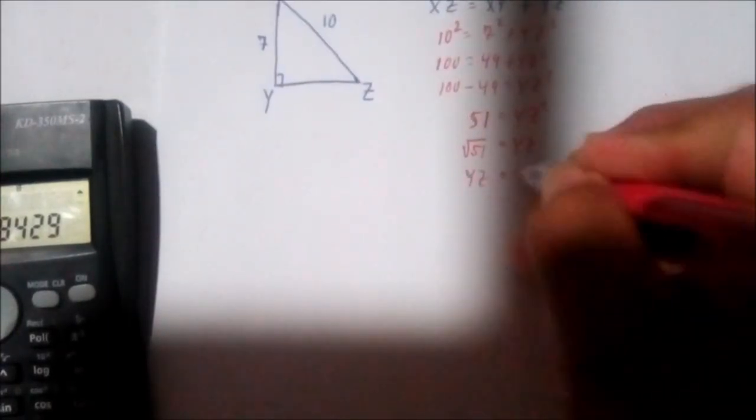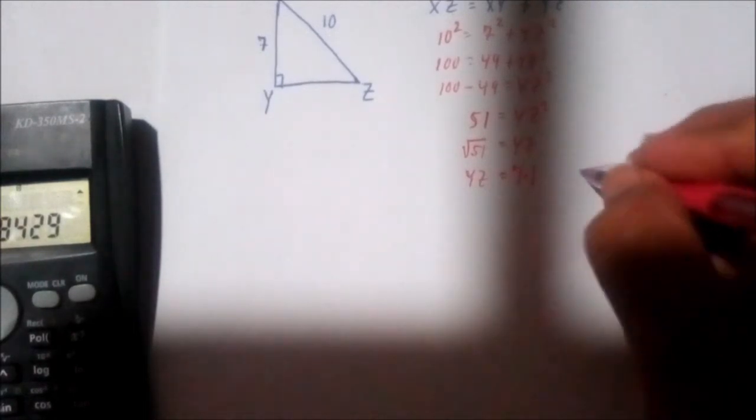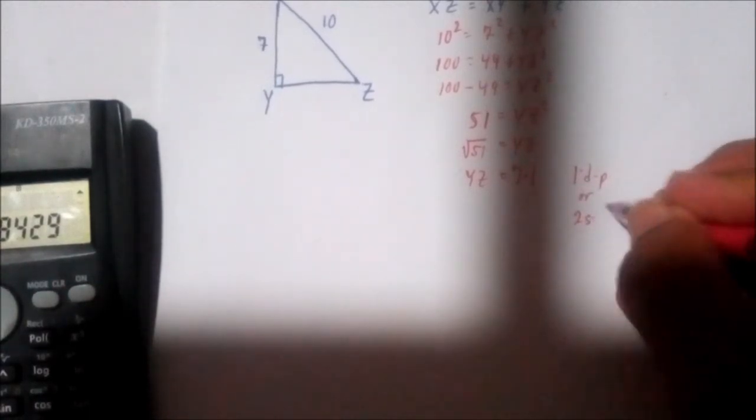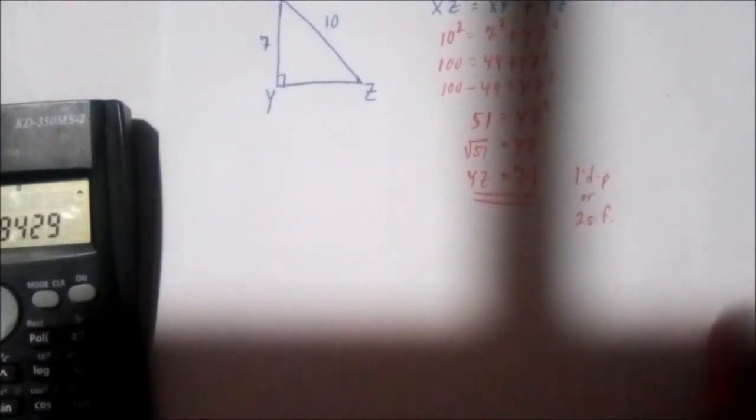So we put that YZ is equal to 7.1, and you put the unit, and 1 decimal place, or this is two significant figures, and that is our solution for that one there. So this is when you're looking for one of the unknown sides.